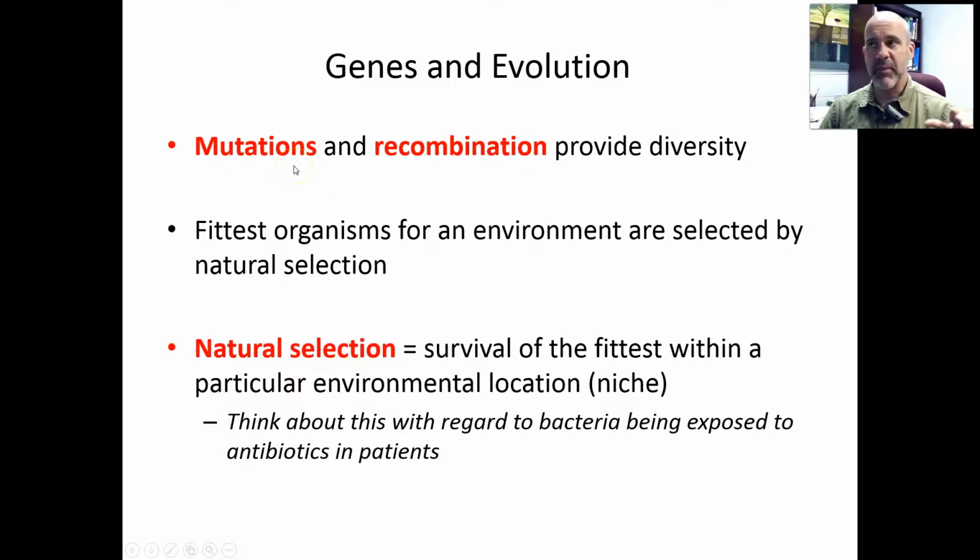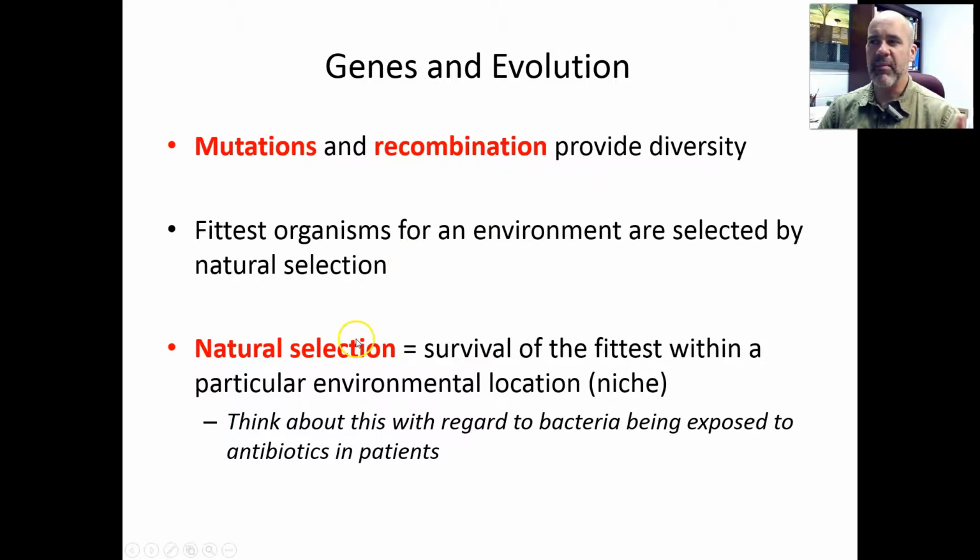And like I mentioned, sometimes those mutations are beneficial to a member of a species, or through recombination events, horizontal gene transfer, sometimes organisms pick up traits that they did not have before, and those might be beneficial for that organism. So those things are providing diversity and changes in traits.